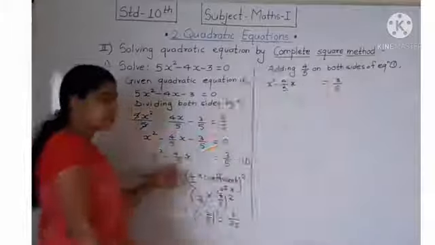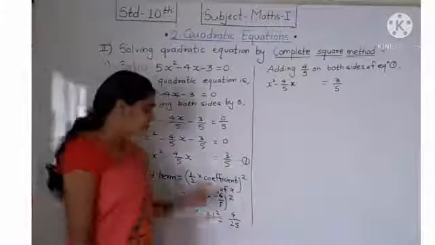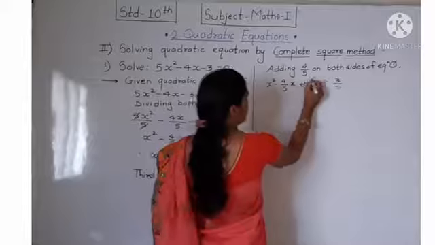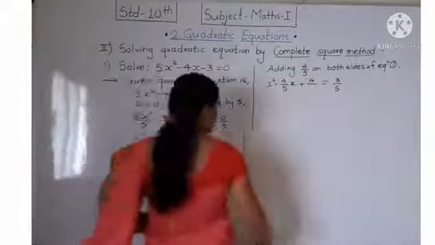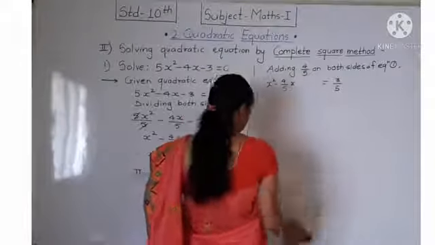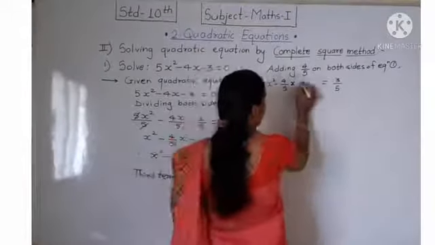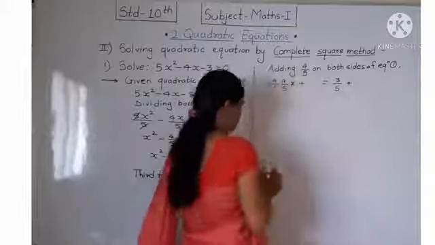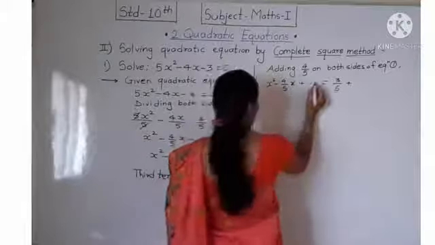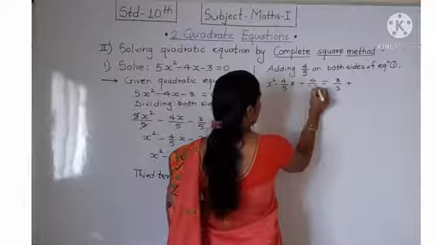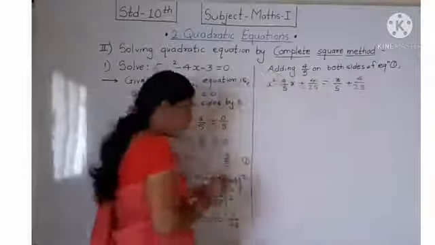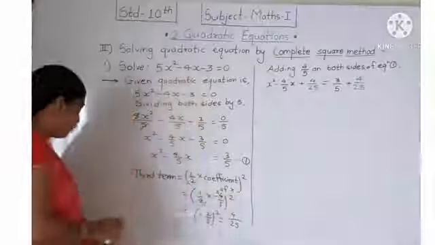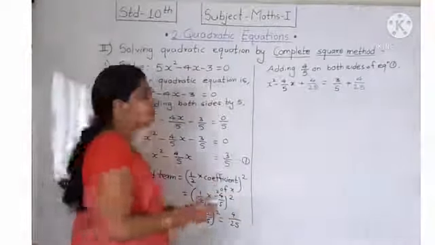This is equation first. We add 4/25 on both sides. Here I added 4/25 on both sides.